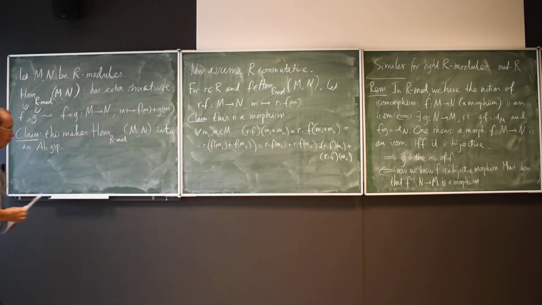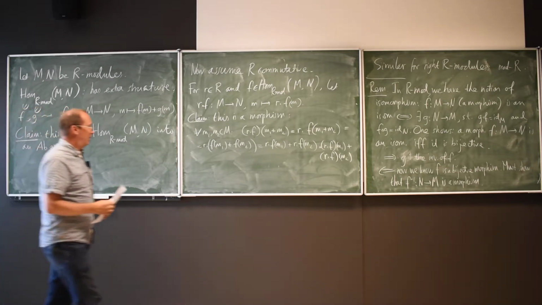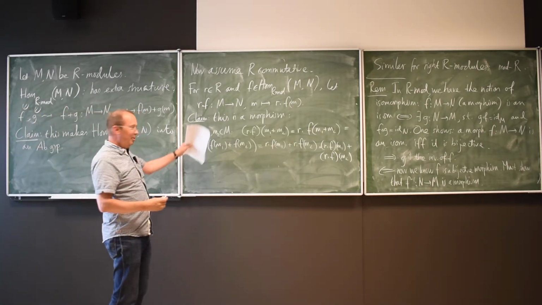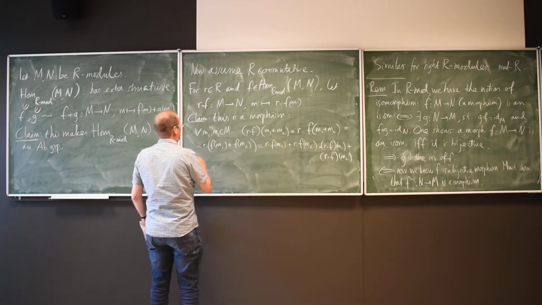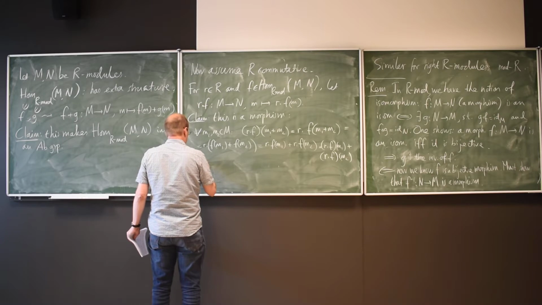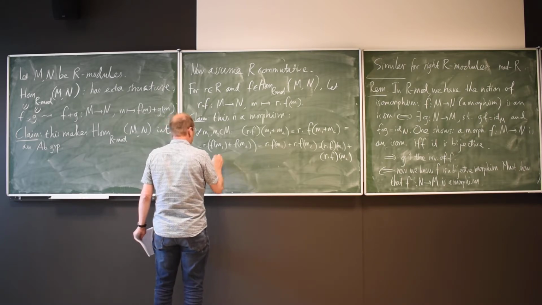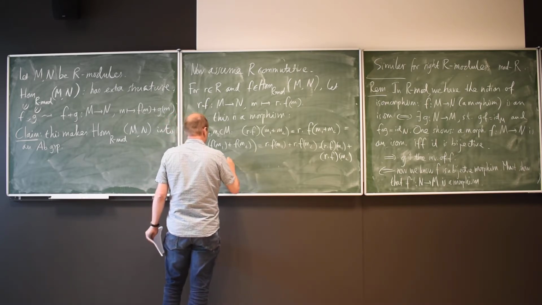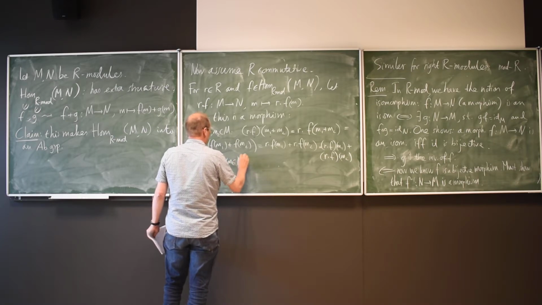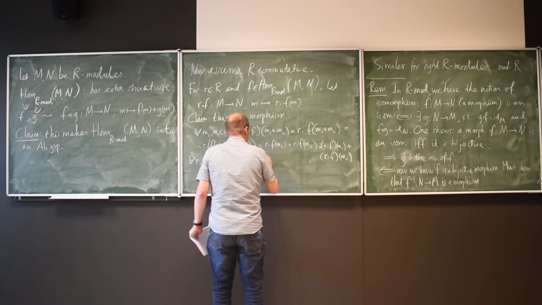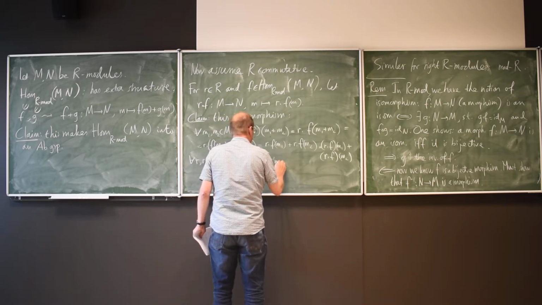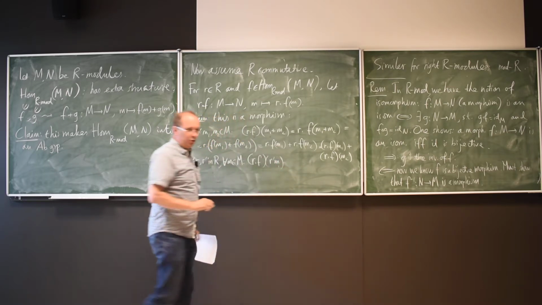And here I have not used that R was commutative, because there was only one element of R. How could I have? But for every R prime in R, and for every M in M, I also have to check something. I have to check that R times F of R prime M is what it should be.